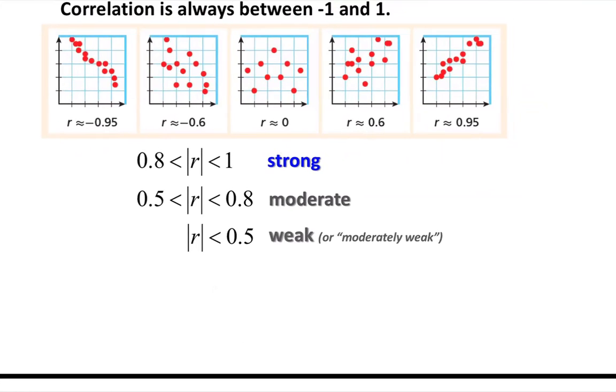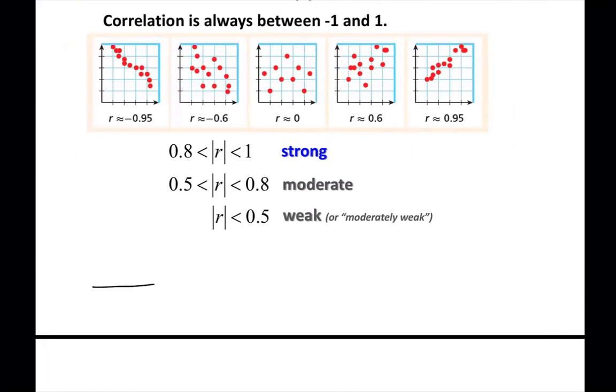Okay, so let's draw a better one, and draw a number line with it. So 0 is in the middle. Then 0.5 and -0.5.